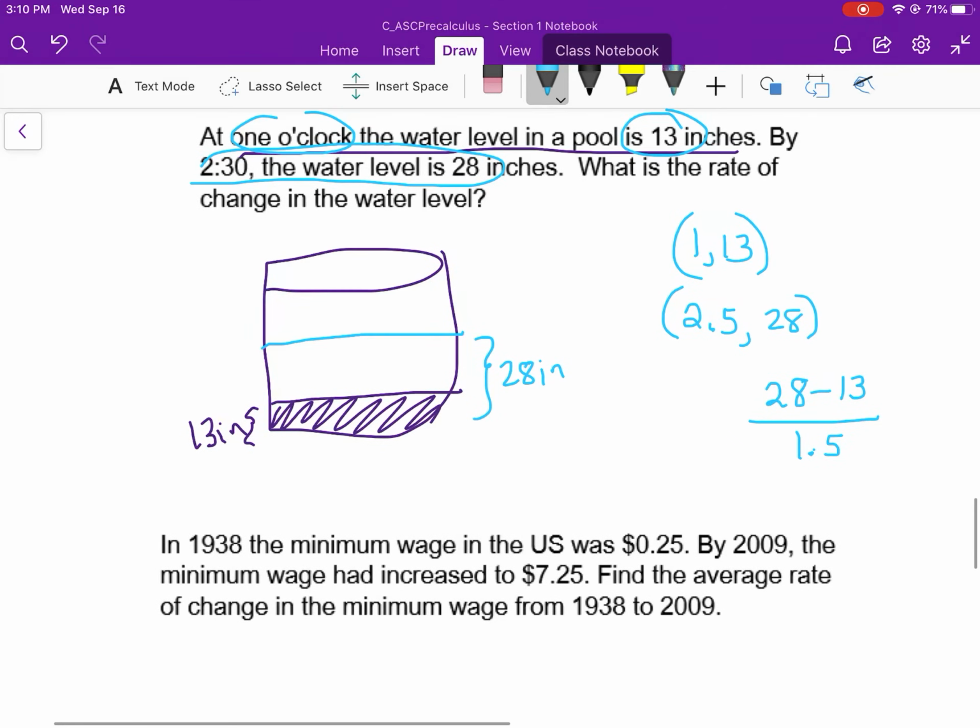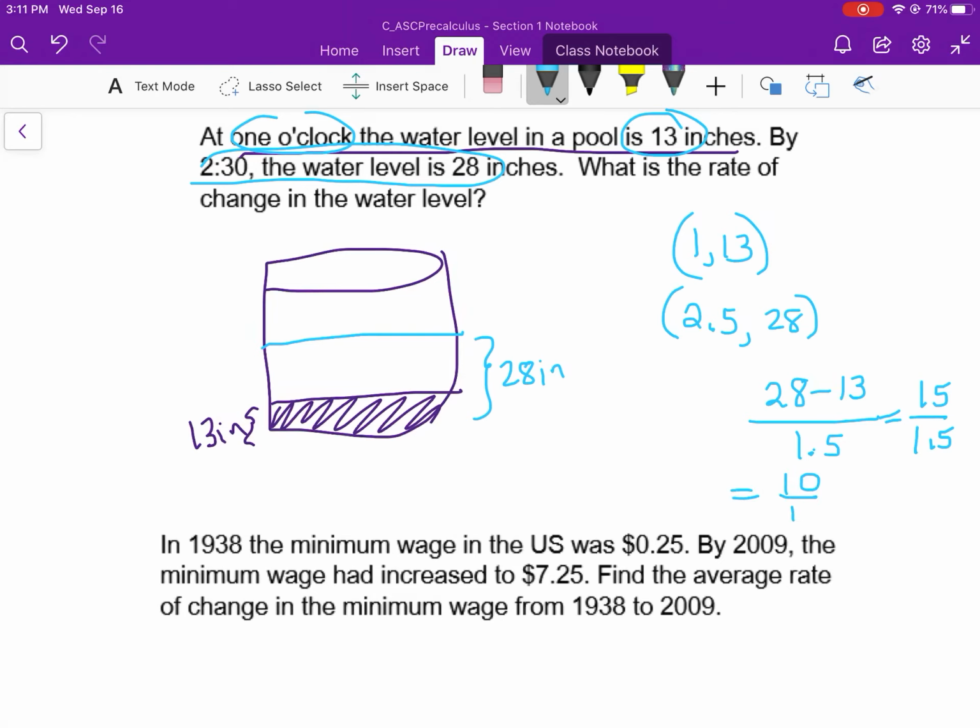So what's my rate of change? 28 minus 13 is 15. 15 divided by 1.5 is, I just want to make sure I have the right answer. 15 divided by 1.5, I'm pretty sure that's 10. So what does that mean?